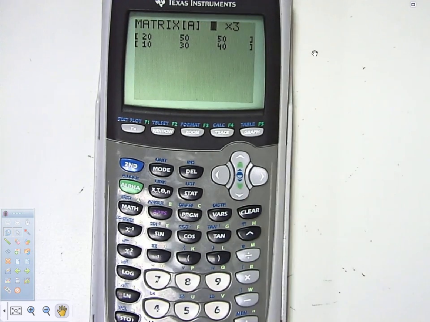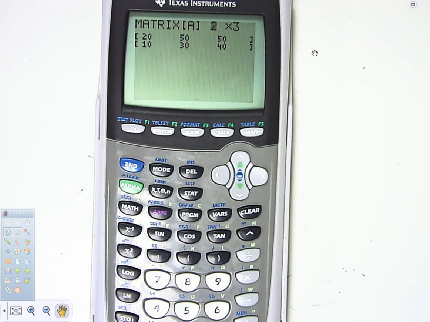If you haven't had any matrices, we've kind of taken them out of Algebra 2, so you may not know a lot about them. The way they work is the dimensions of a matrix always go rows by columns.